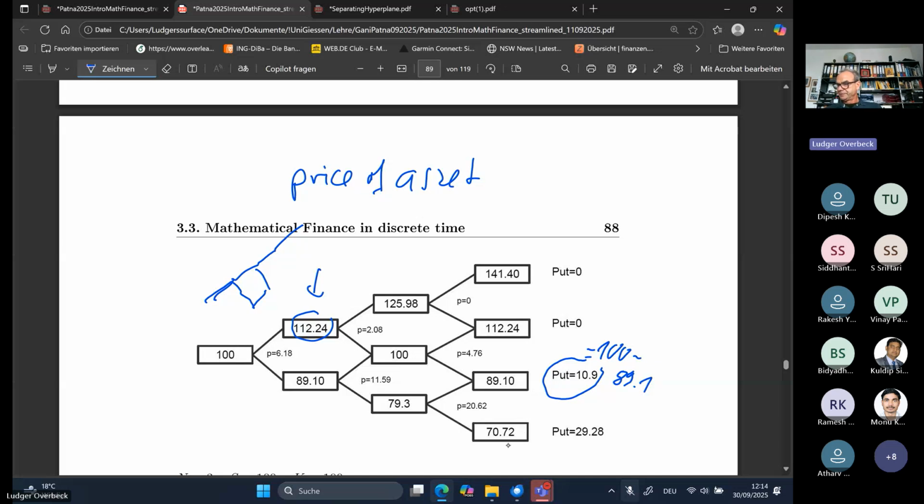And if it's even worse, you have 3 times down, your put is very valuable. It will pay you 29.28. But only if you didn't execute before, because in an American option, you could have executed before.